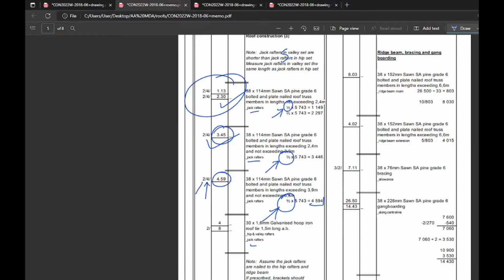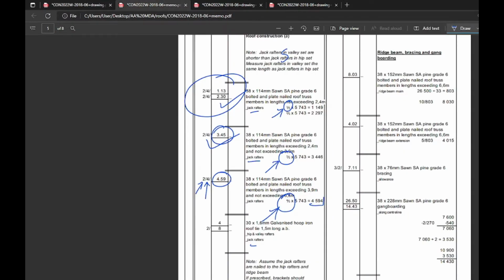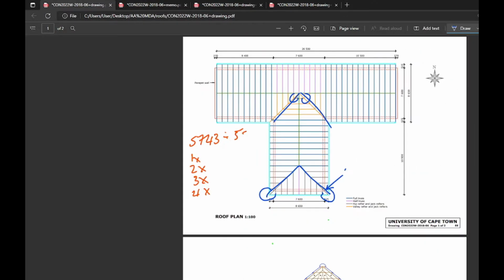4 times. What I would have actually done is the other way around. I would have said 2 by 4. There are 2, so we're taking a smaller component, i.e. the individual dimension of the smallest one, let's say 1.13. We're saying there are 2 per square on plan, and we're saying there are 4 squares.